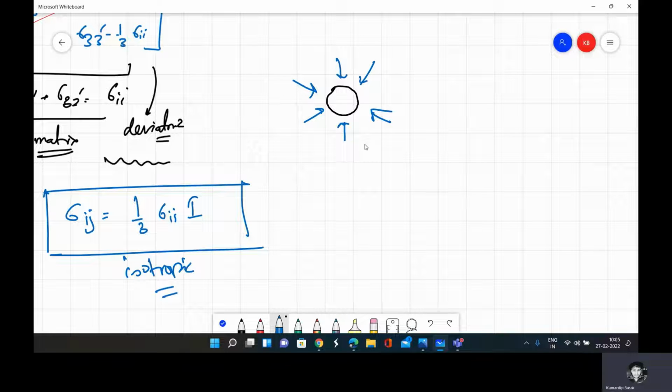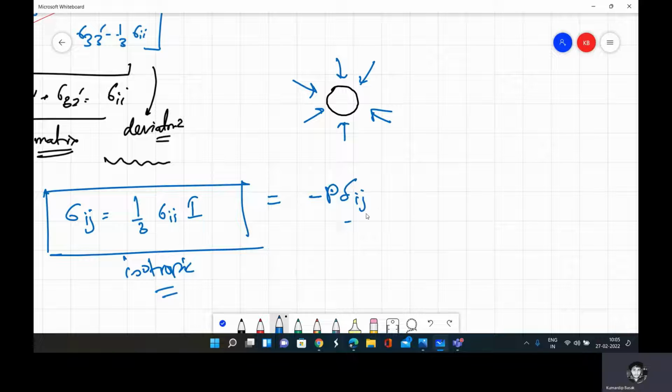This is nothing but the pressure forces pressurizing the fluid surface equally and oppositely from every direction and balancing out. So there is a relation between the fluid element at rest, the stress distribution over it, and the pressure force, which is deduced as minus P delta ij.